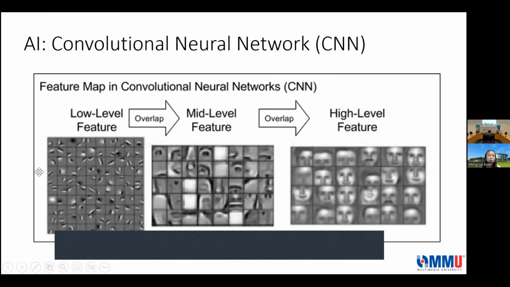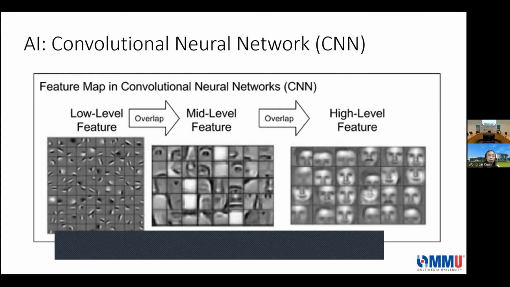Now, why can it work so well and how does it work? Just now I mentioned that the neural network simulates the architecture of our brain. It's bio-inspired. So our brain also learns in some kind of way. Normally, to recognize an object, we look at the features of the object and then we are able to recognize it.